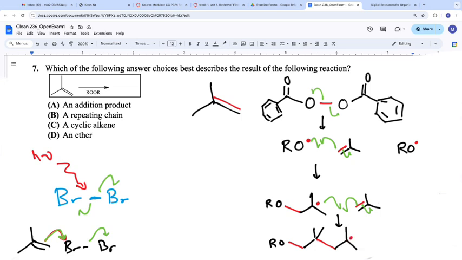Is we get another radical. Well, now what does that see? Another pi bond, and another pi bond, and another pi bond. Okay? This will repeat until by random chance we do happen to have a radical meet up. Very slim possibilities of that happening, but eventually it does come true and it does happen.